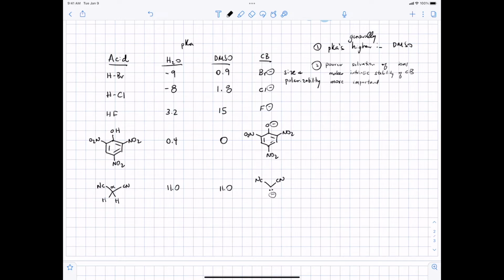In poor solvating solvent, intrinsic acidity differences matter more, and so pKa's are more spread out. And then if the conjugate base is highly conjugated, or in other words, resonance stabilized, solvent matters less. All right.